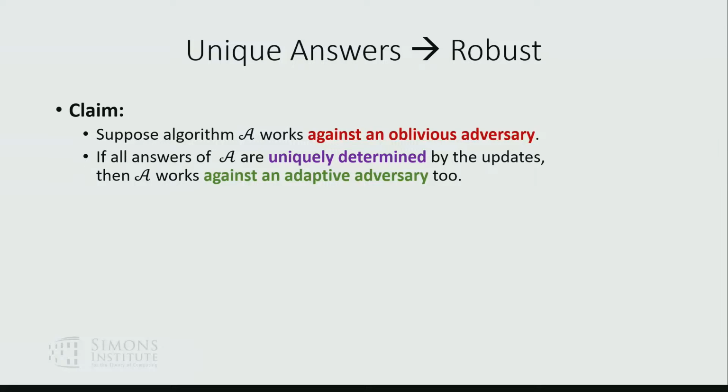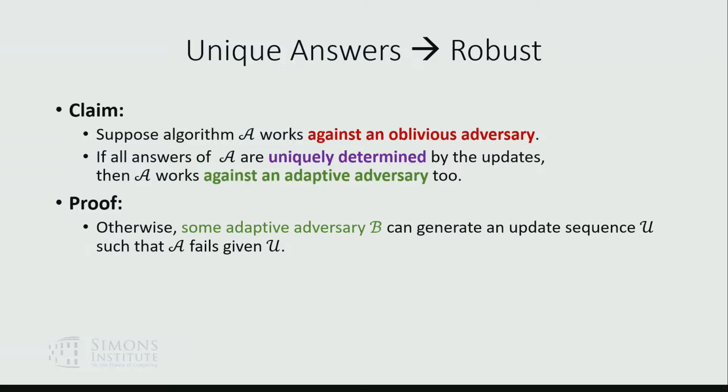There's nothing deep about this, but let me just argue quickly. Suppose for contradiction that this algorithm A doesn't work against an adaptive adversary.